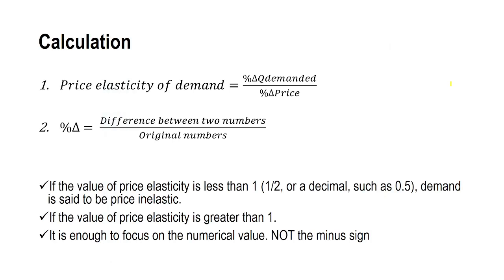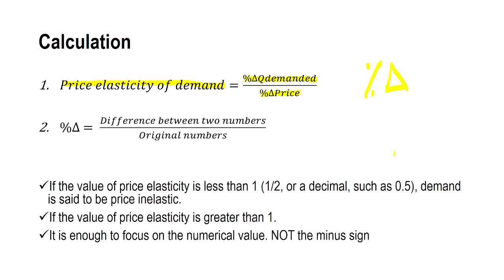To calculate price elasticity of demand, we need to apply two important formulas, and we also need to remember them. The basic formula: price elasticity of demand equals percentage change in quantity demanded divided by percentage change in price. So how can we find the percentage change itself?